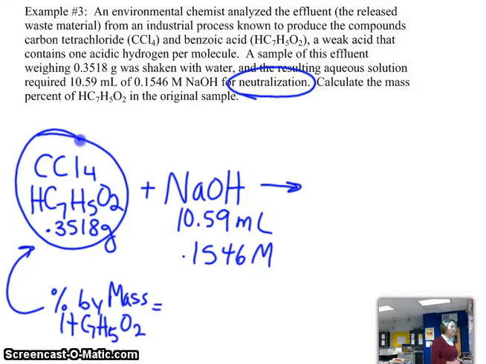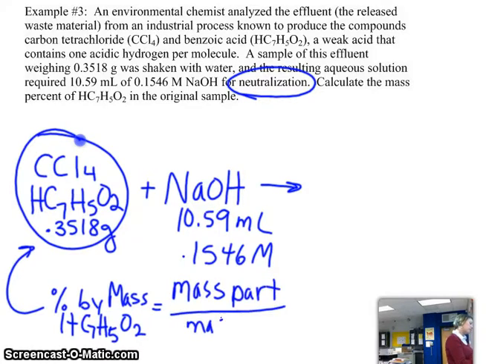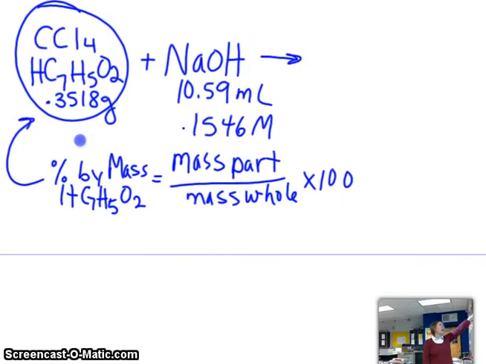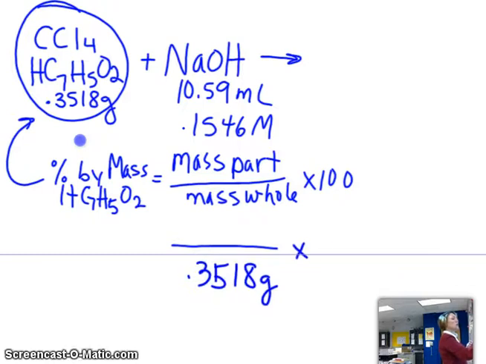And again, to calculate mass percent, it's the mass part over the mass whole times 100. We know the mass whole here. The mass of the whole effluent is 0.3518 grams. So our goal in this whole problem is to find the mass of acid inside that effluent. How much of that is due to the acid, really, right?